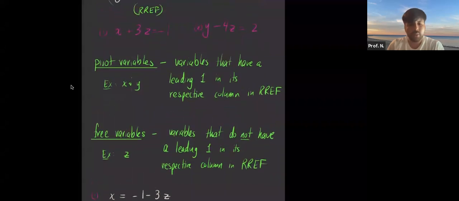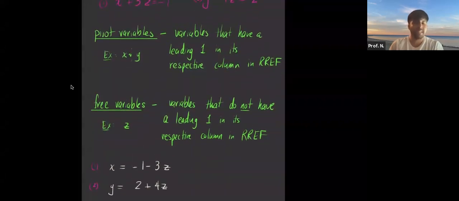Do you see how X and Y are both dependent upon Z? Z could be anything. Choose anything for Z, hence the name free. The moment you choose Z, X and Y are fixed. They're immediately determined. That's why there are infinitely many solutions. It's because there's one free variable, because that variable doesn't have a leading one in its row reduced echelon form.